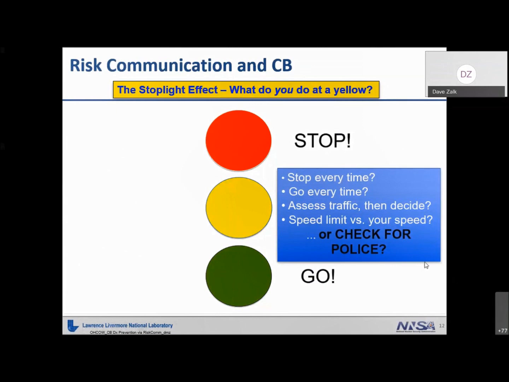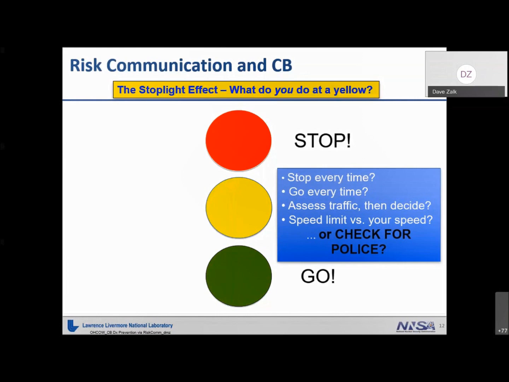Some people stop every time, some people go every time, some people assess traffic, or some people check their speed, peek around the corner and see if anyone's looking, maybe a policeman, and then they decide whether to go. And that checking for police, that aspect of that yellow light, the differential, is how workers really do look at environmental health and safety staff.